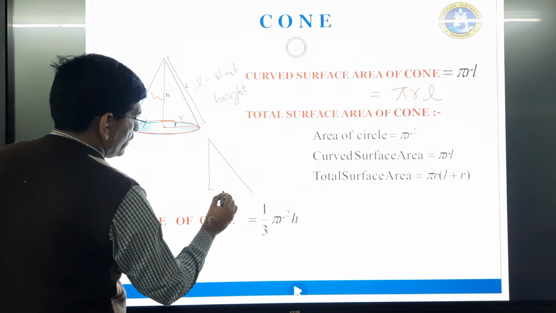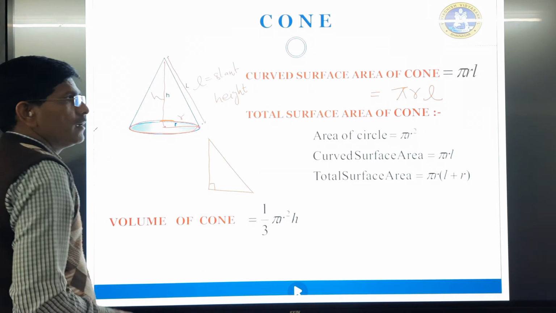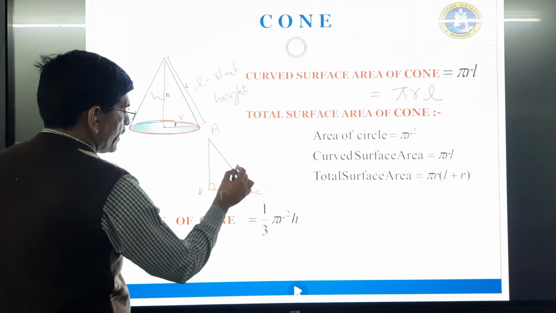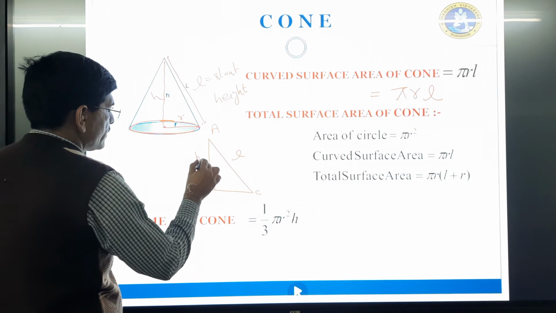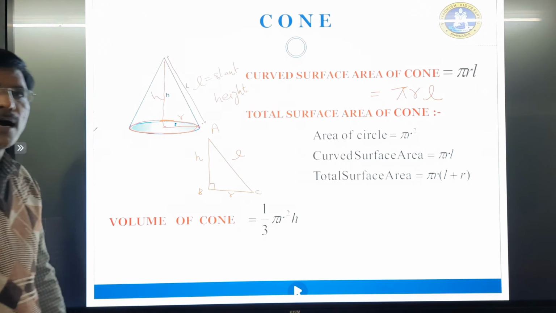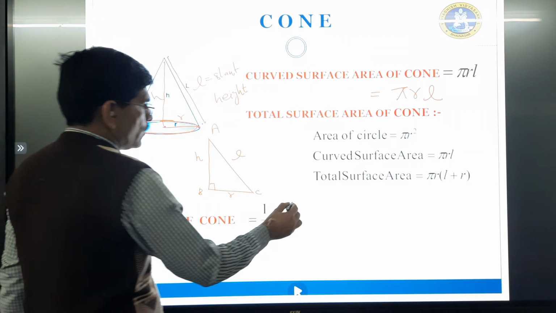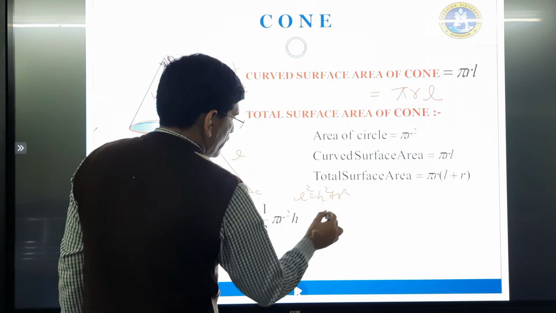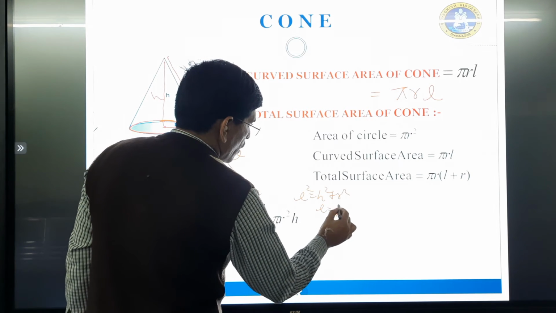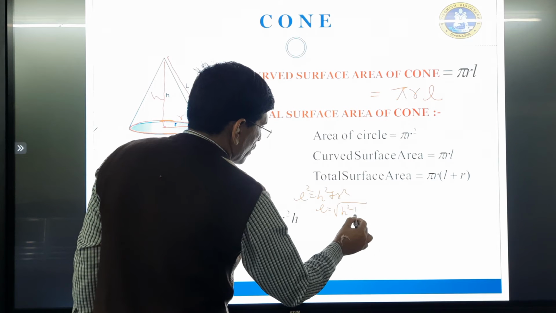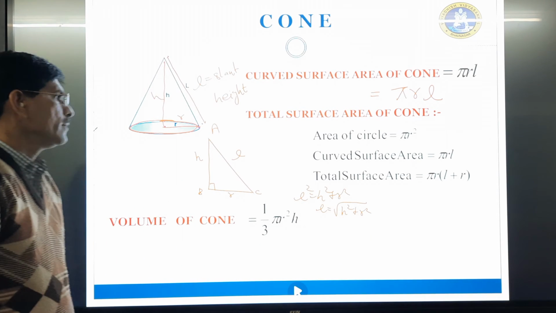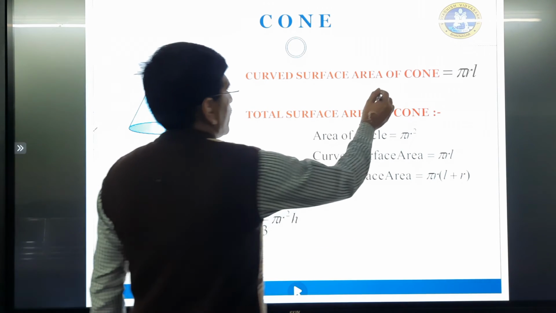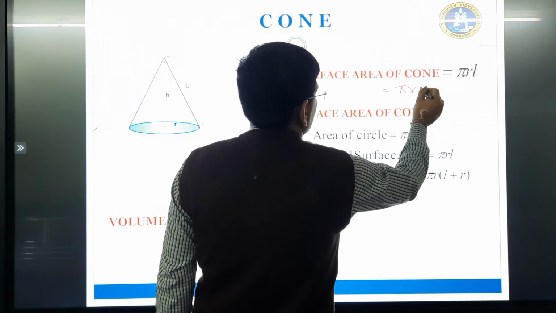If you see properly, here it is L, here it is H and R. So L square is equal to H square plus R square. Therefore L is equal to the square root of H square plus R square. So remember the simple formula, that is pi r L.